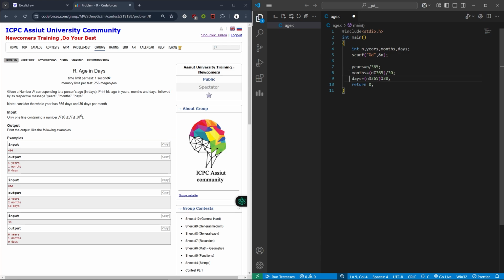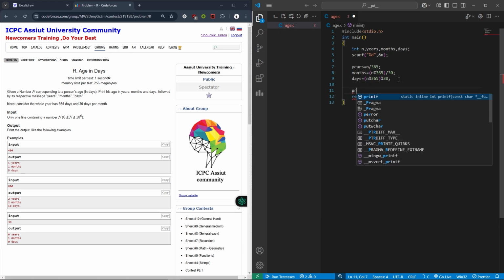And this n mod 365 does the same thing as before, and after doing that we get how many days are left after calculating years, and we do it again with 30, so that gets us how many days are left after calculating both years and months.